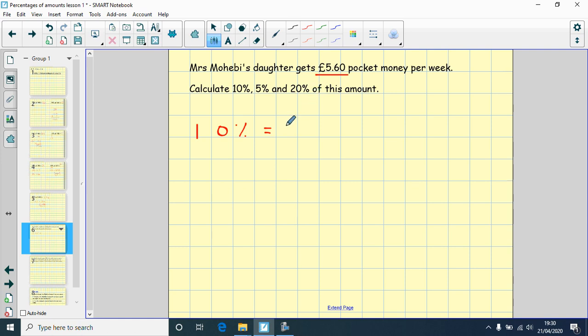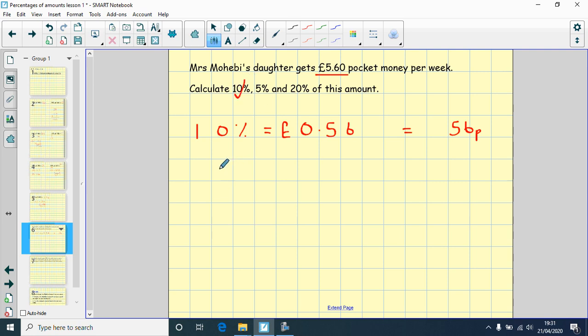So I would get £0.56. On your My Maths activity, you might not get an option to put the £0 in. You might just have to put 56p. So you might just write it something like that. Okay, it's the same. Right, so that's 10% done.